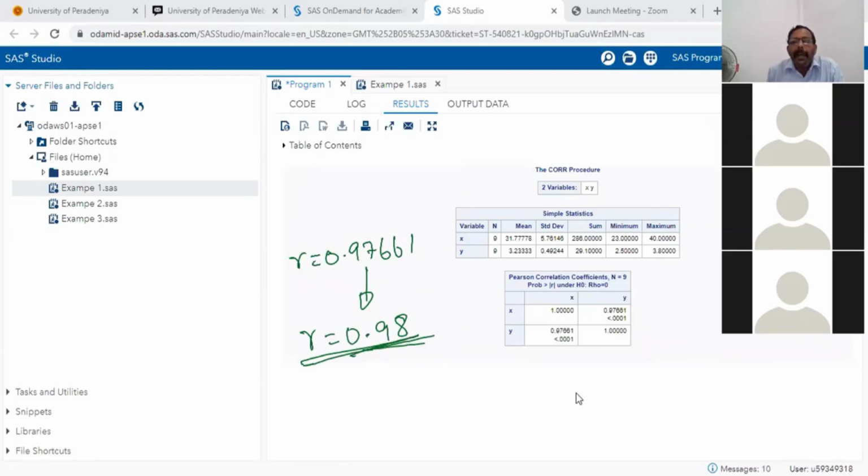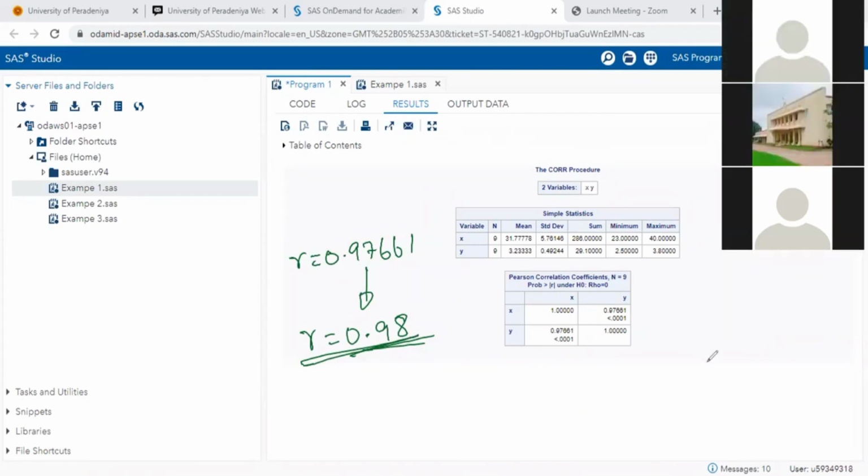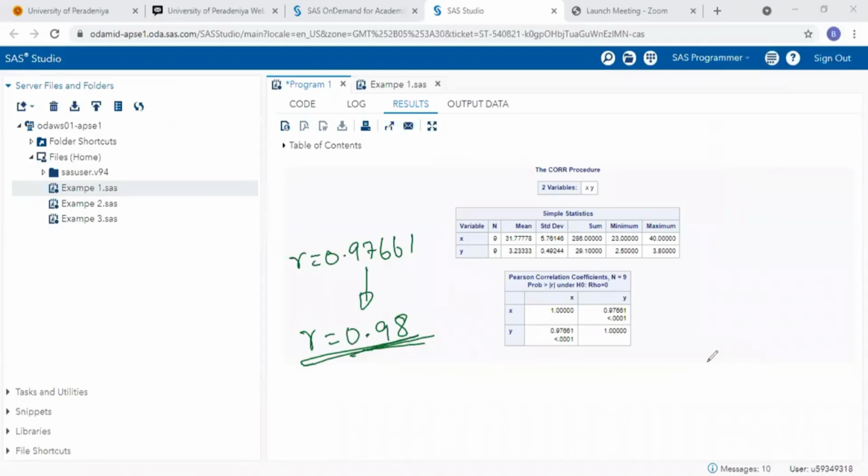What is the range of possible values of R? Sir, what is the possible range of value of R? 0 to 1, sir. 0 to 1.